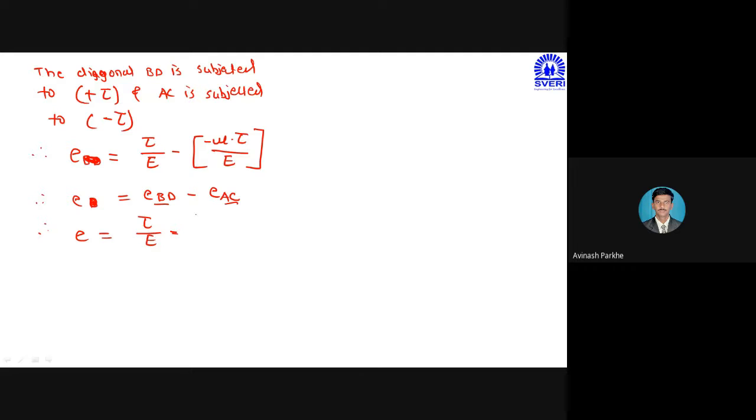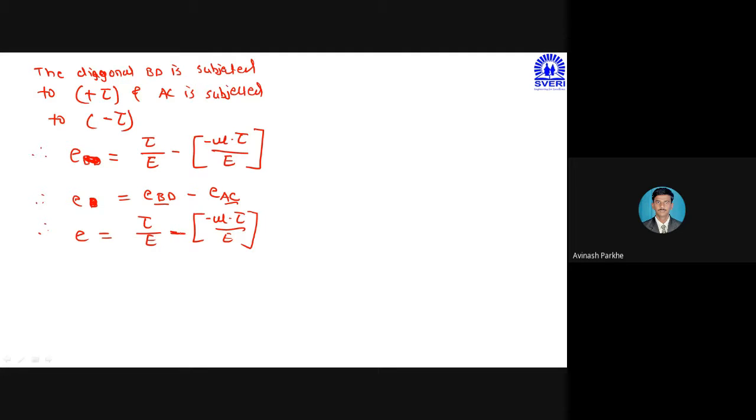In bracket, minus mu into tau upon E. Why this minus mu? Because there is a decrease in dimension for diagonal AC. For diagonal BD, there is an increase in dimension, therefore plus tau upon E.